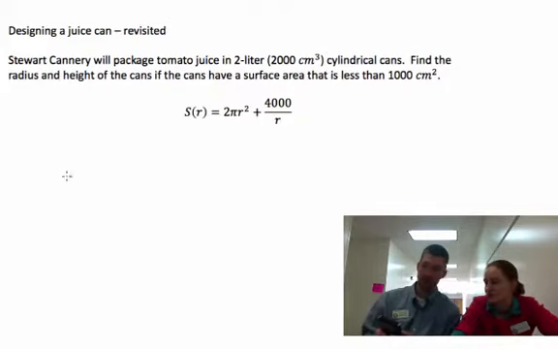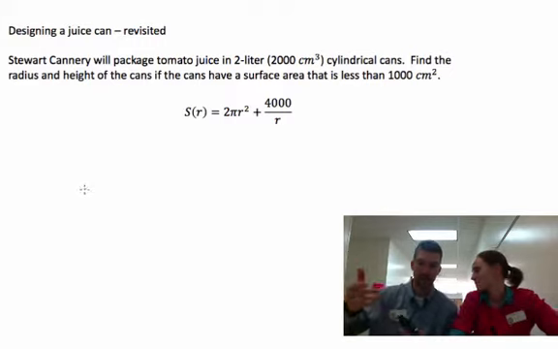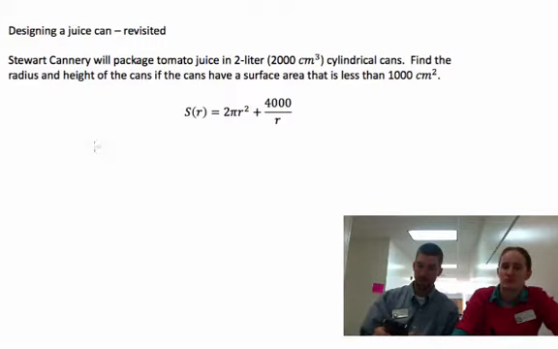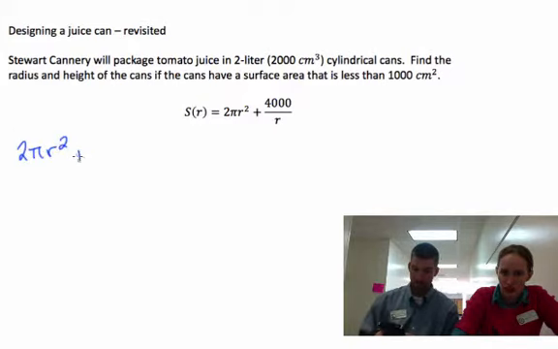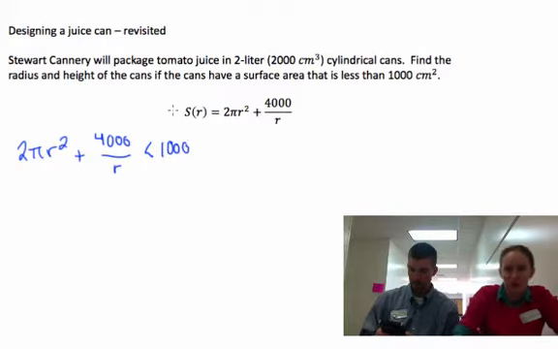There are 2 ways you can solve this. One way is to find the x-intercepts. So we have 2 pi r squared plus 4,000 over r, and we're saying that needs to be less than 1,000. So what we would do is subtract the 1,000 over to the left side.